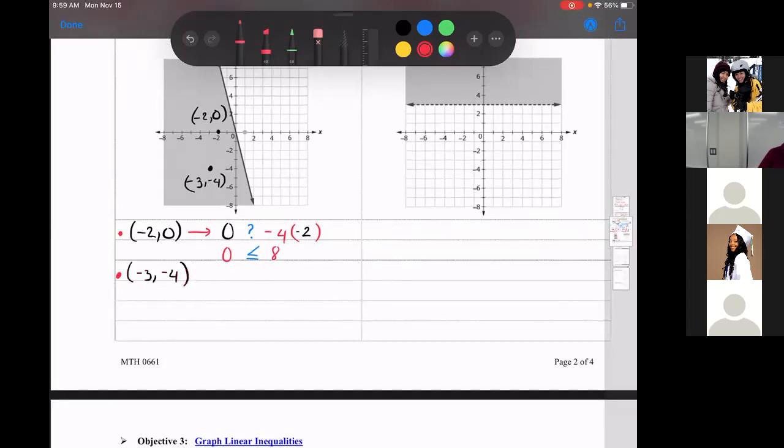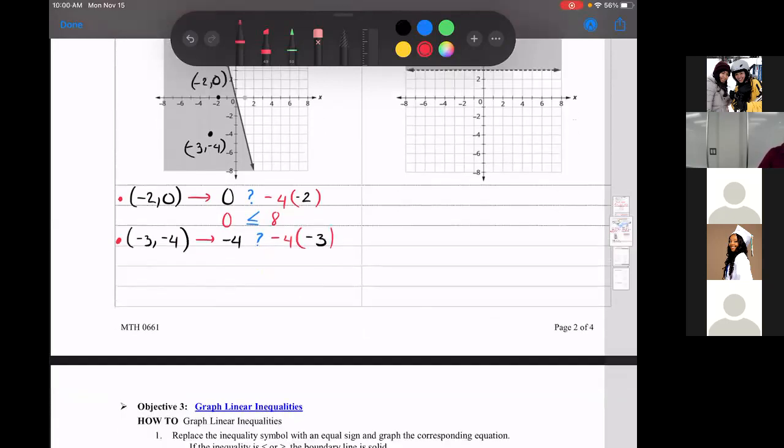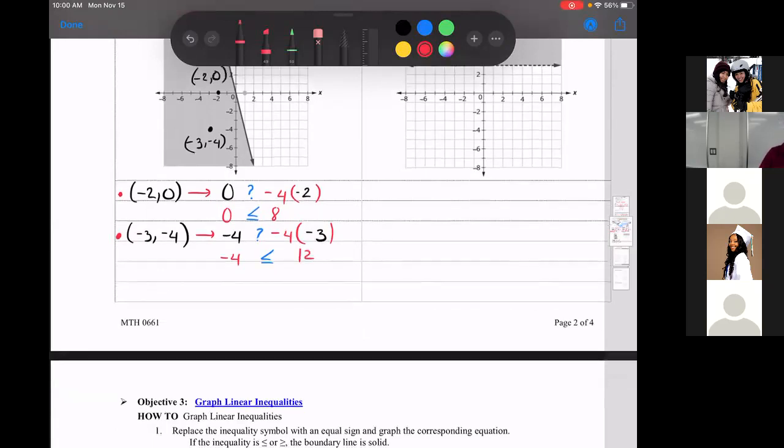And then plug it in. So on the left hand side, the y is -4, and then a question mark. And then I have -4 times x, which is times -3. So -4 times -3 is positive 12. So -4 is still less than or equal to positive 12. Okay, so from there, what's your final answer?